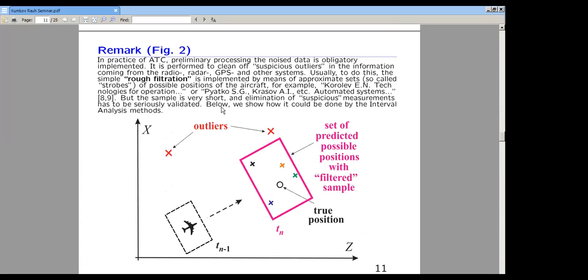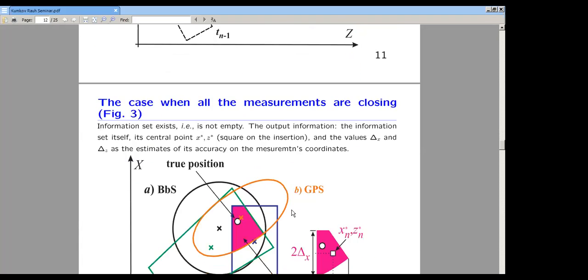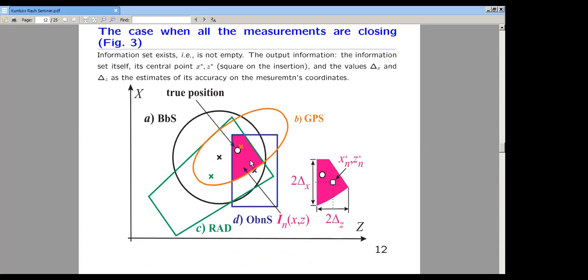Usually, I must say, in practice, engineers and aircraft ATC operators construct a rough auxiliary set of predicted possible positions. And those measurements which lie outside of this set are called outliers and do not participate in further processing. But in the most pleasant case, by the way, when all uncertainty sets of measurements intersect, we obtain a non-empty information set. Thus, the information set exists.